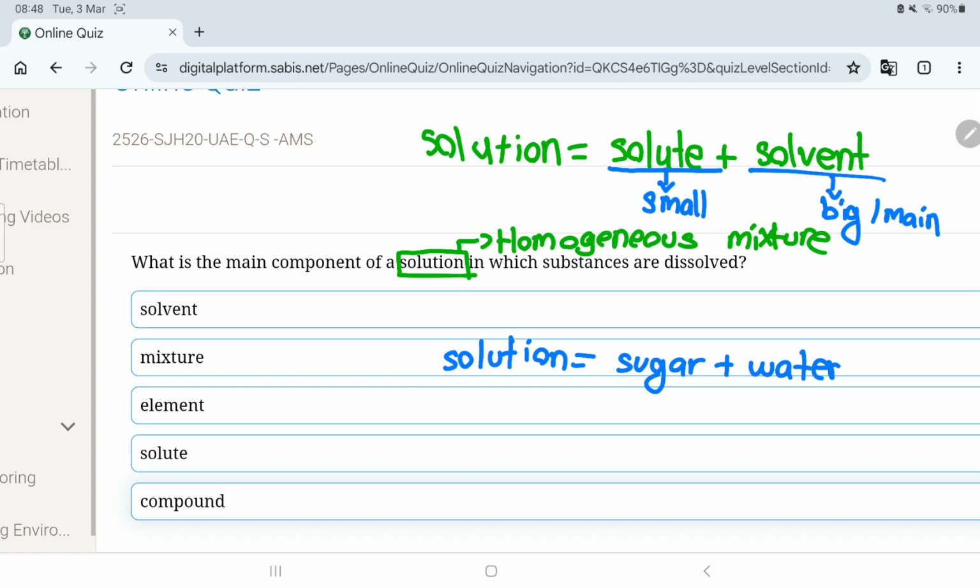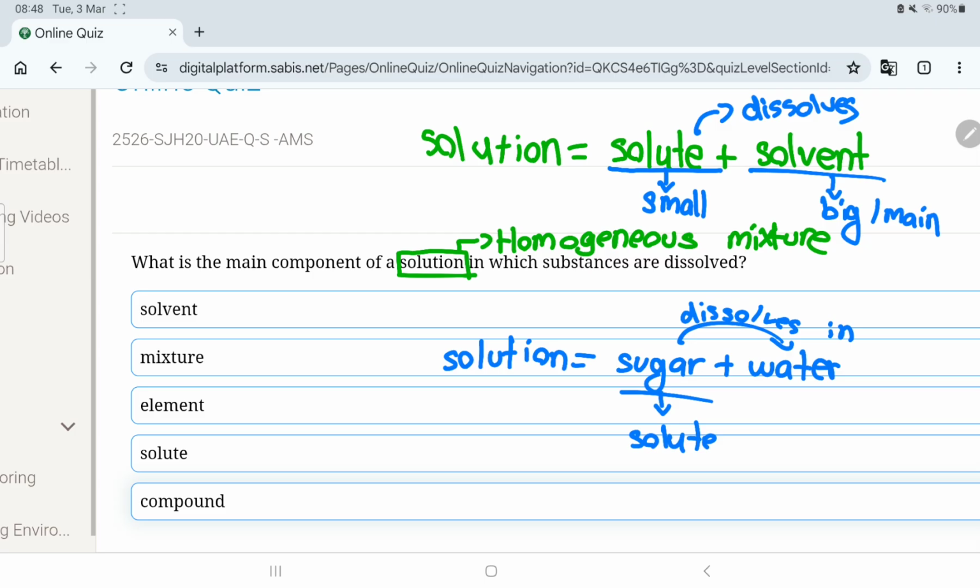Now, what is the small part that dissolves? The solute dissolves. Do we say water dissolves in sugar or sugar dissolves in water? We say that sugar dissolves in water. So, what's the small part that dissolves? The sugar, which is the solute.